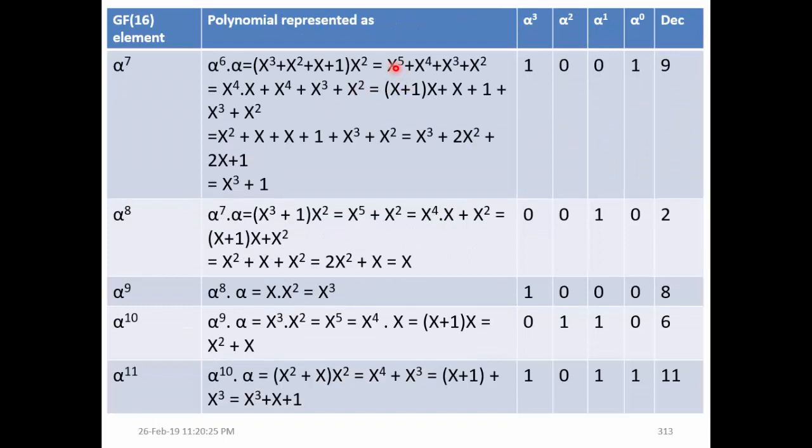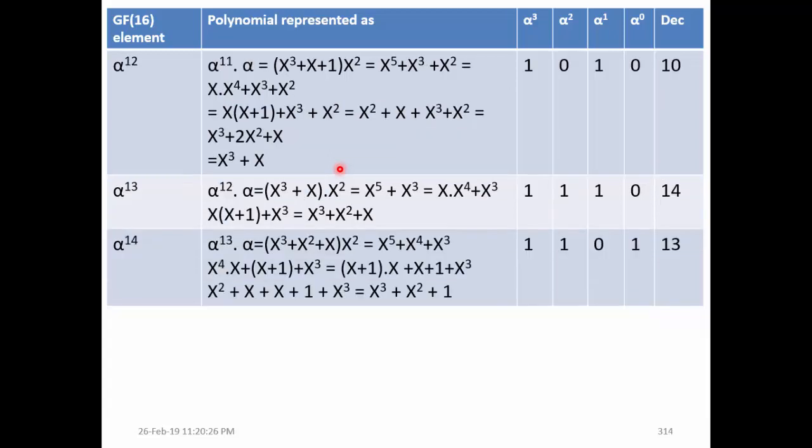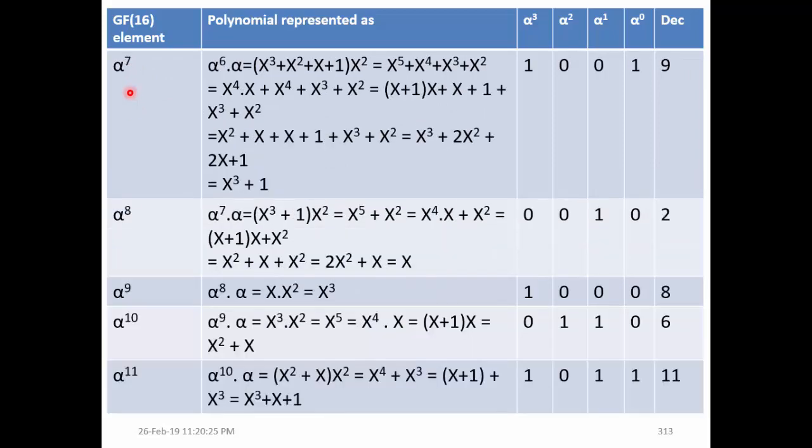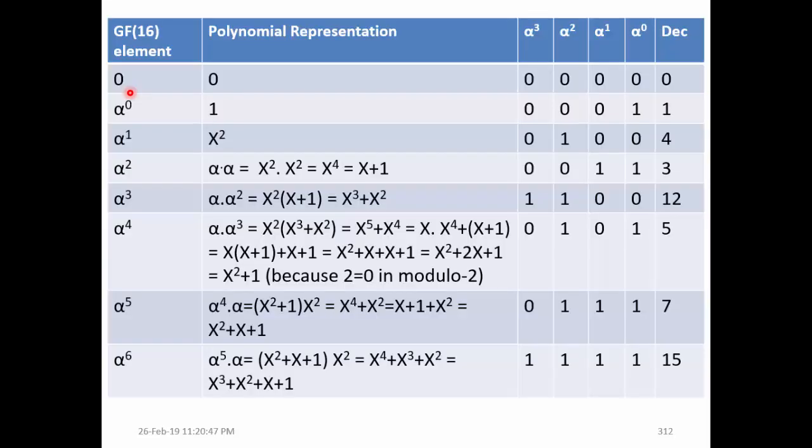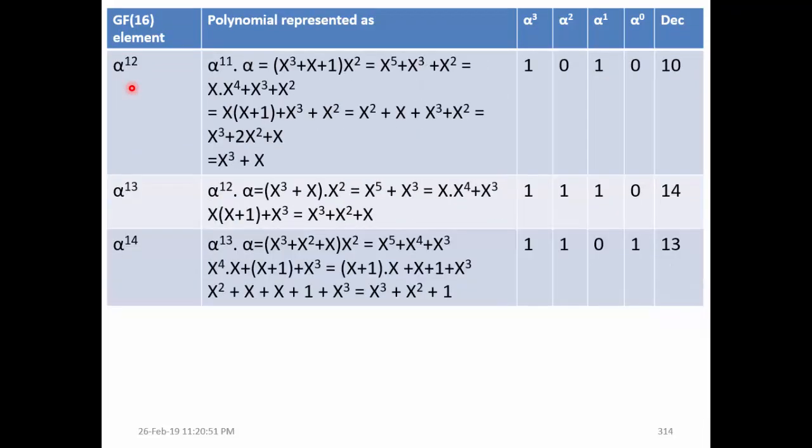Simply break the terms which have got higher power into lower power, factorize them, find factors, and then you replace them with the lower power terms. So that is how we get all the 16 elements from 0 to alpha 14.